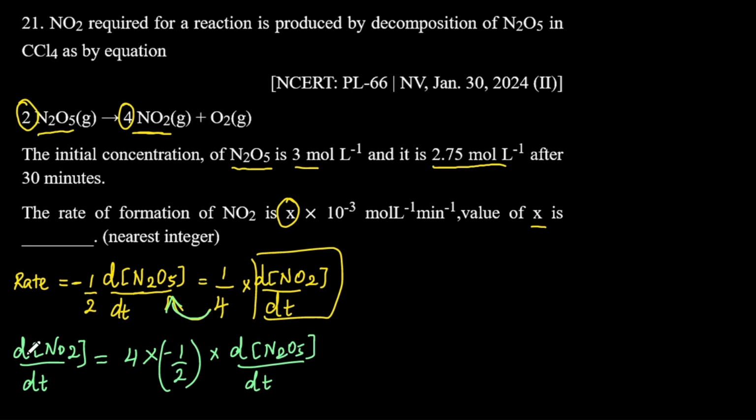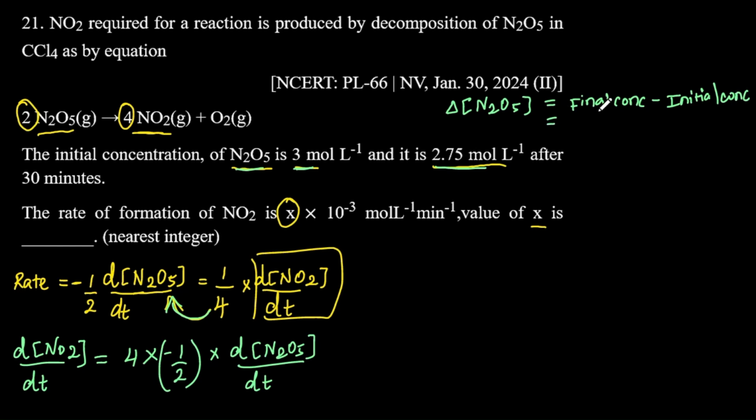So, how to find the rate of formation of NO2? You need to know the values of these terms. With that you can find it. In this question, the change in concentration of N2O5 is given. So, how will you find the change in concentration? The change in concentration of N2O5 is equal to final concentration minus initial concentration.